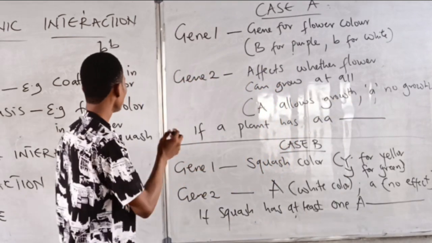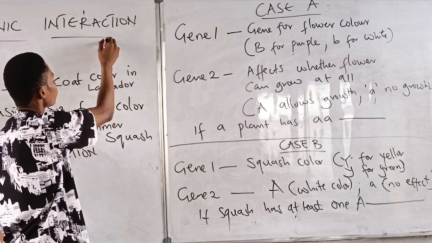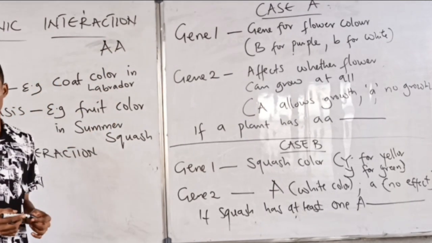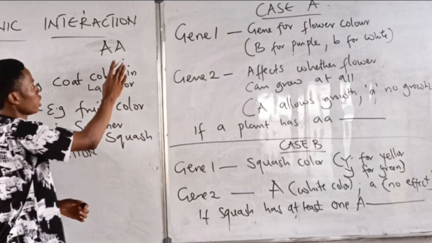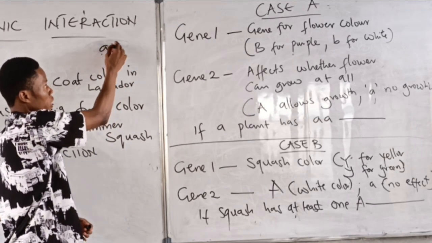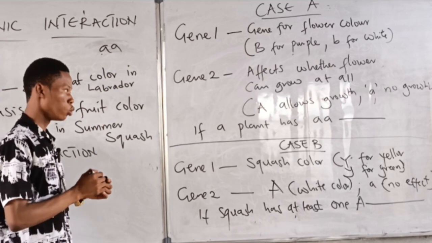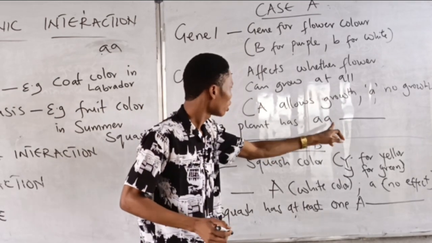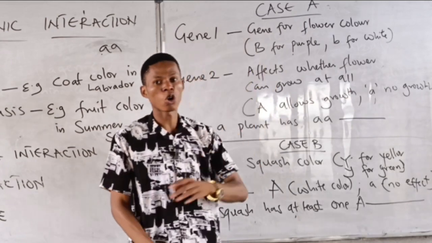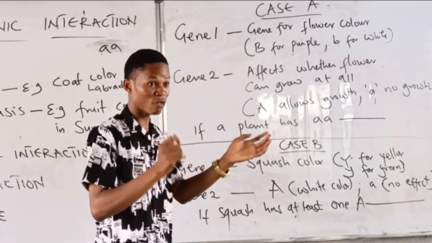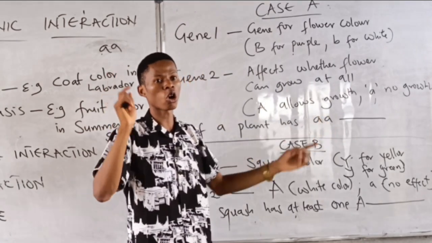Yes. Meaning, if the plant has something like this, A, will there be a flower? Yes. There will be a flower, right? If it's something like this, will there be a flower? Yes. What if it's something like this? No flower, right? Now, if a plant has the small a, what will be the color of the flower?